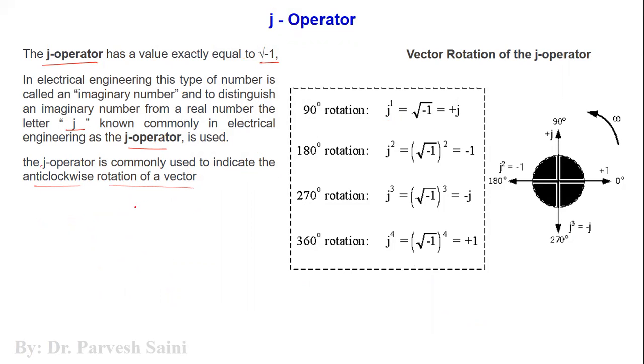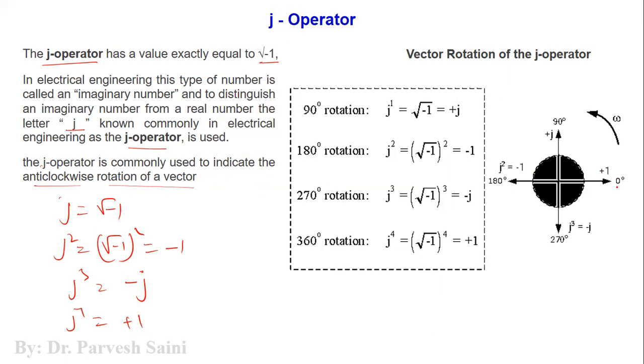So j is basically equal to under root minus 1, right? If we take j square, it is under root minus 1 squared, which is equal to minus 1. j cube is equal to minus j, and j to the power 4 is equal to plus 1. So this represents the four quadrants basically.